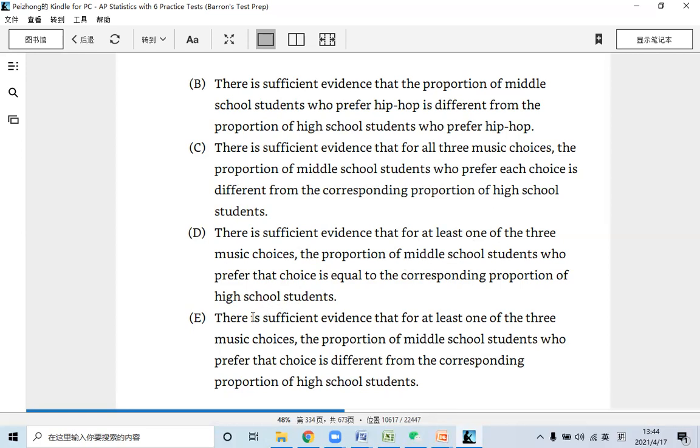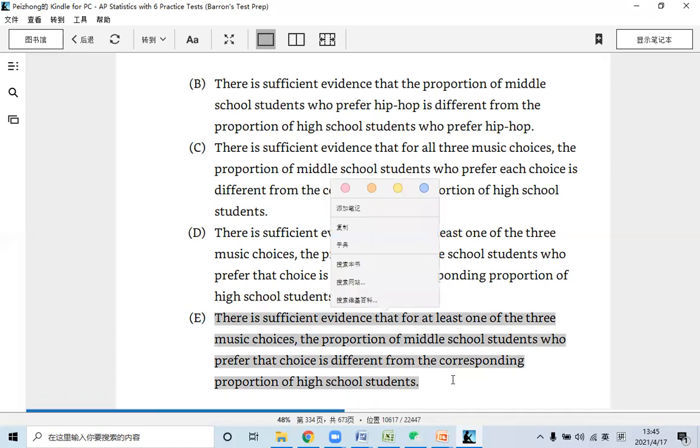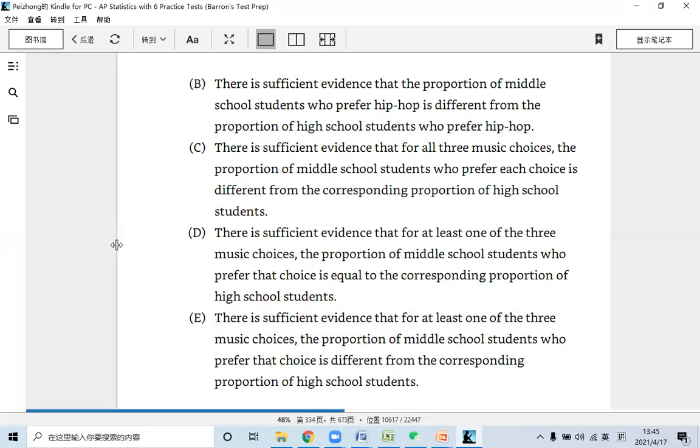Look at the last one. There is sufficient evidence that for at least one of the three musical choices, the proportion of middle school students who prefer the choice is different from the corresponding proportion of high school students. Yeah, this is a research hypothesis. This is the one we are supporting.